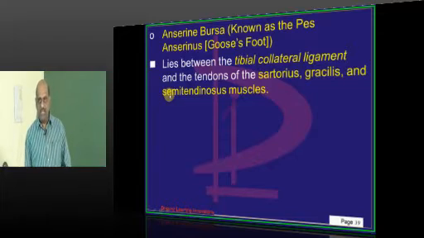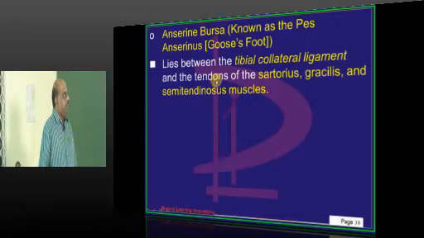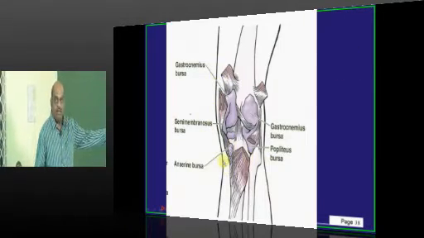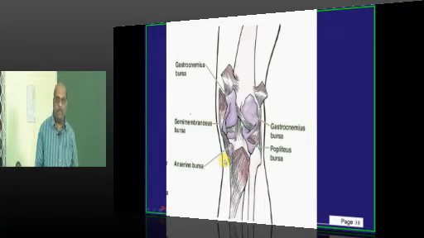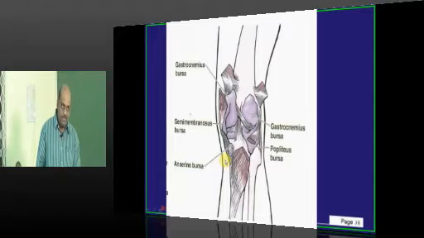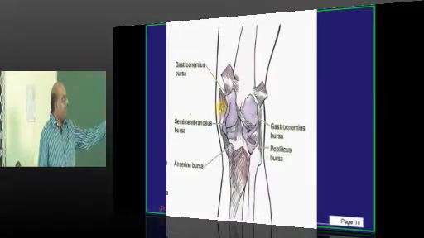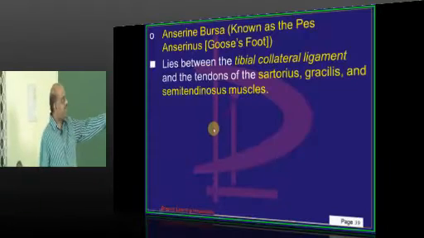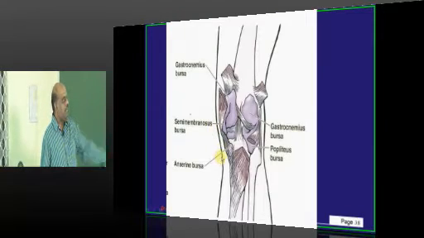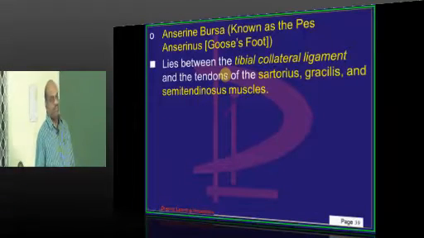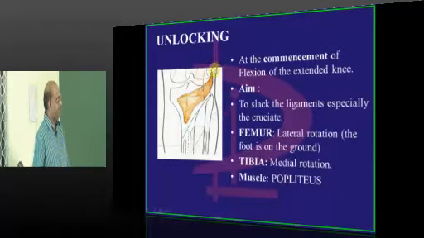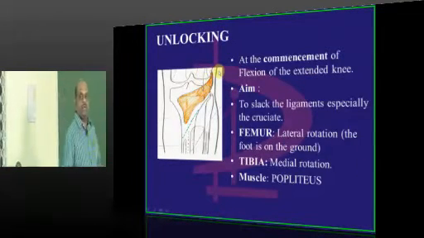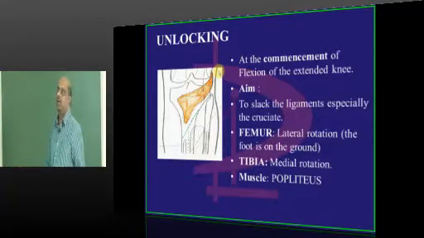Also called pes anserinus. It lies between the tibial collateral ligament, that is on the medial aspect of the knee joint, and the tendons of sartorius, gracilis and semitendinosus, where we typically have the bursae. So that's all the story about the various bursae.